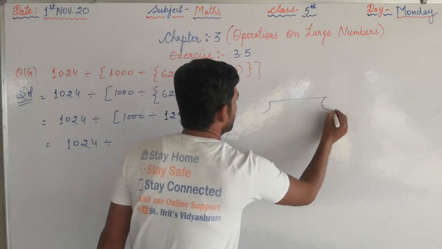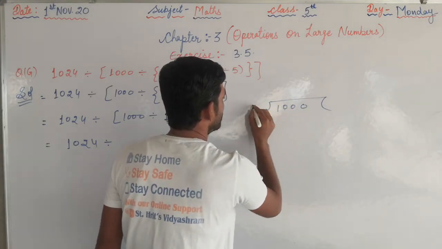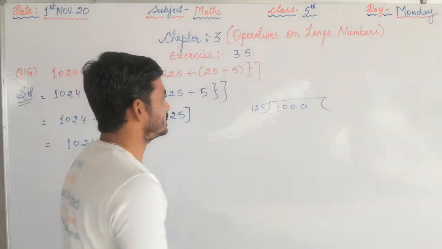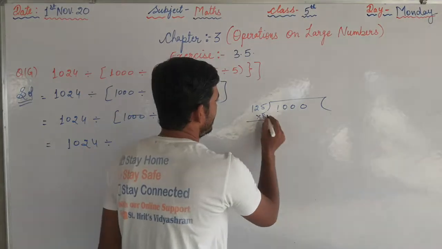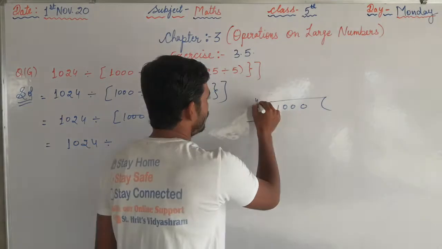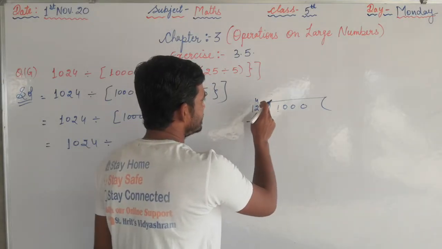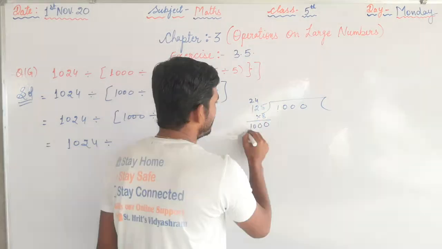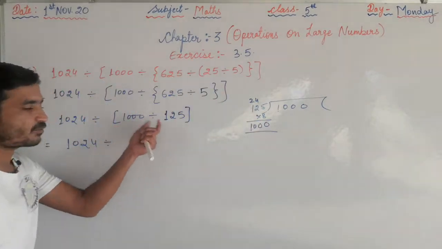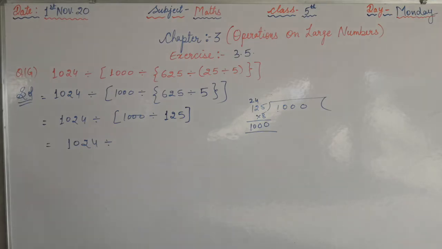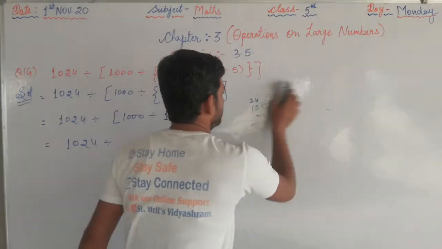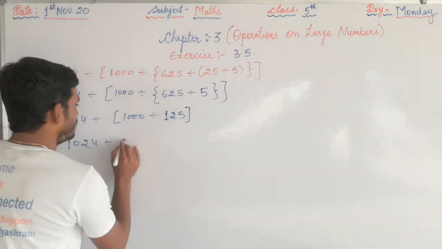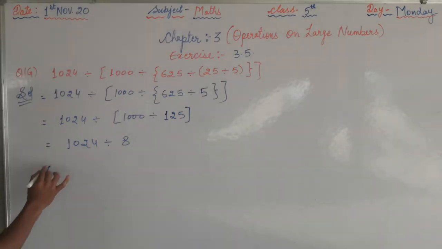See here, 8 times: 8 fives are 40, carry 4, 8 twos are 16, 16 plus 4 is 20, 0, carry 2, 8 ones are 8 plus 2 is 10. Means when you divide 1000 by 125, what you got, that is 8.